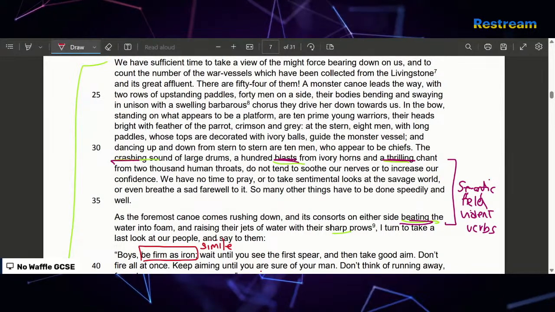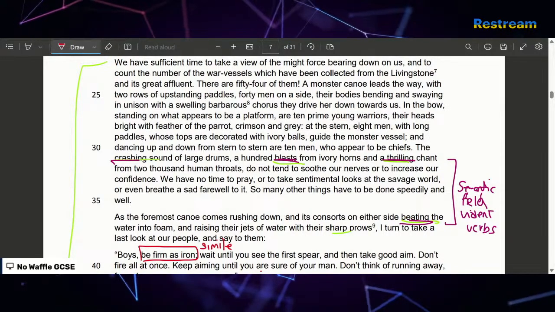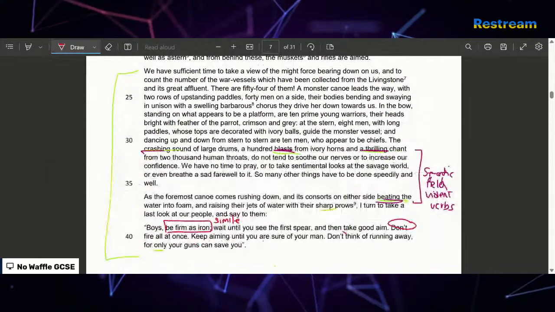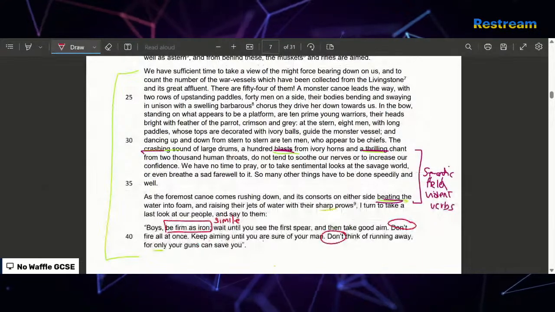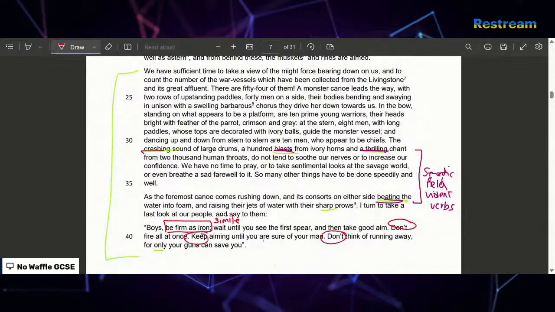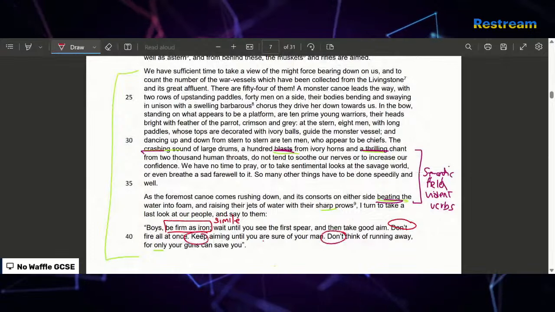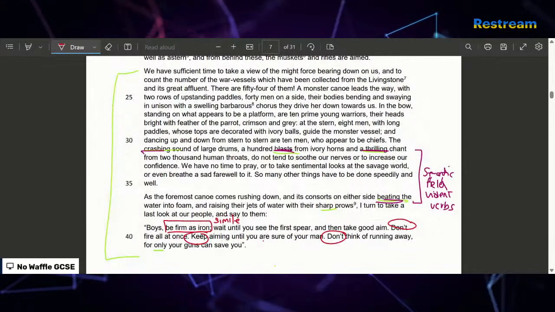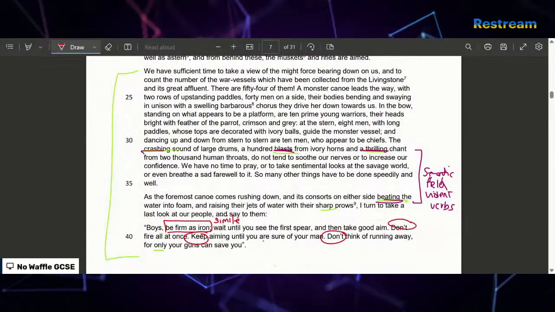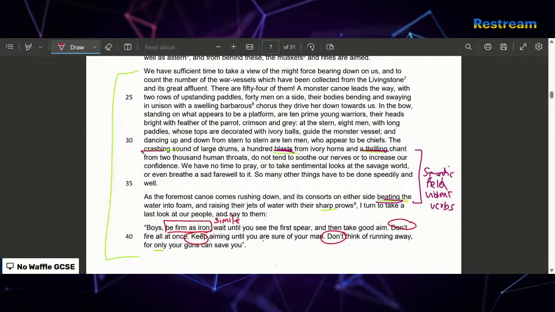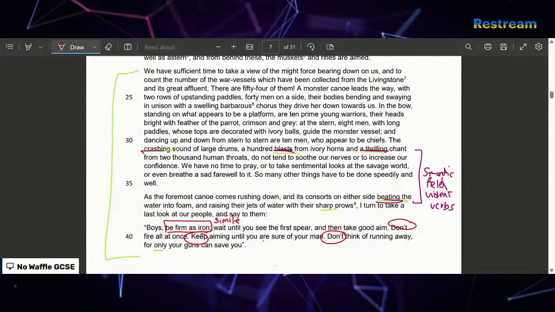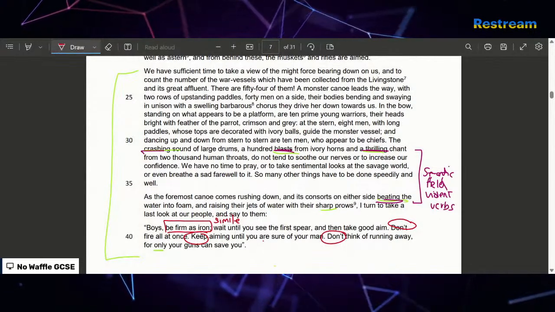Now, another language technique that we can see here is the imperatives in this last dialogue. So you have "don't fire all at once," "don't think of running away," "keep aiming." So these are imperatives. He's instructing them. And also, another language technique is the use of dialogue. So this dialogue not only characterizes this figure as someone who's trying to keep calm under the pressure of the circumstance, but he's trying to control the sense of threat.